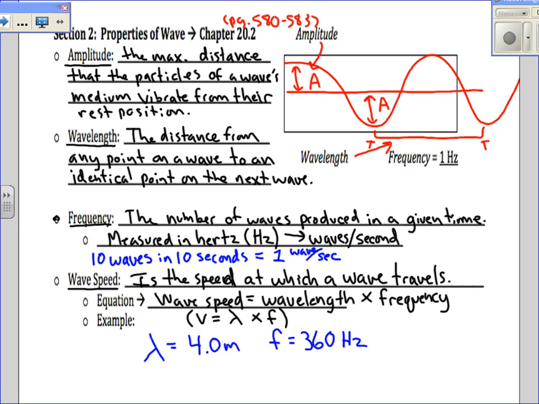If we multiply 4.0 meters times 360 hertz, or waves per second, we are going to get a velocity of 1,440 meters per second.